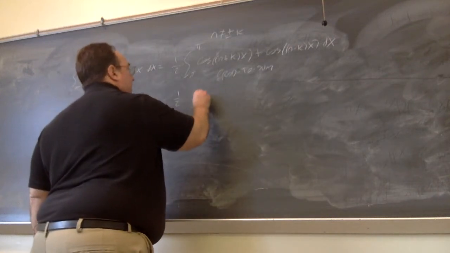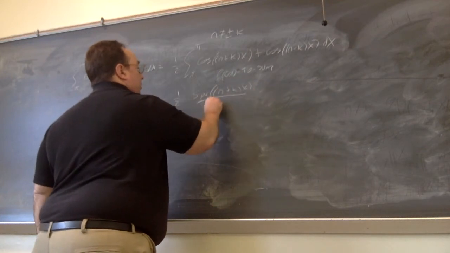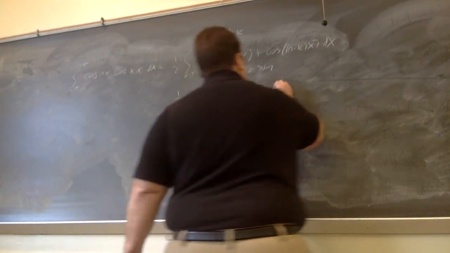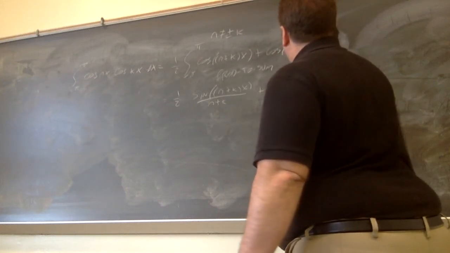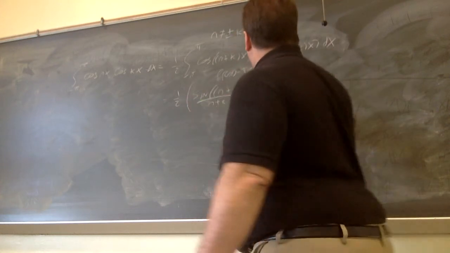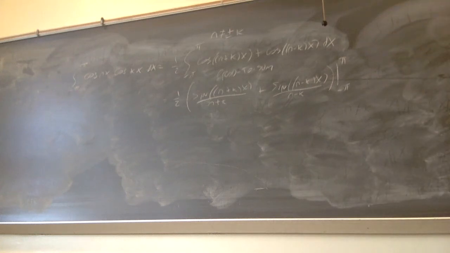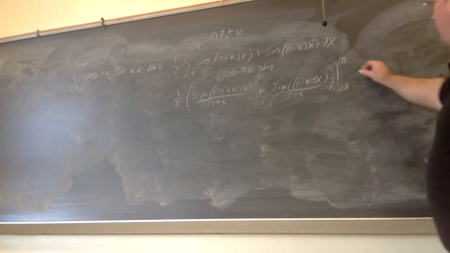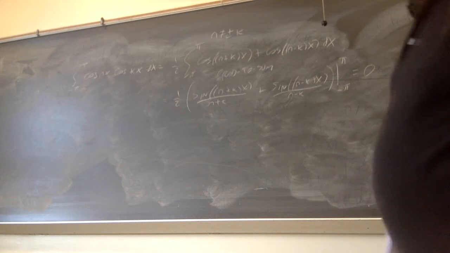So you get sine (n plus k)x over n plus k plus sine (n minus k)x over n minus k with limits minus pi and pi. But n and k are integers. So you plug in pi and minus pi, sine of any integer multiple of pi is 0. So everything just goes away. So that's how all of these work out. So that's it. It's a Cal 2 exercise. Okay. But sometimes those can be fun.